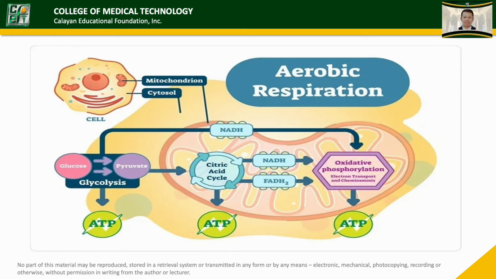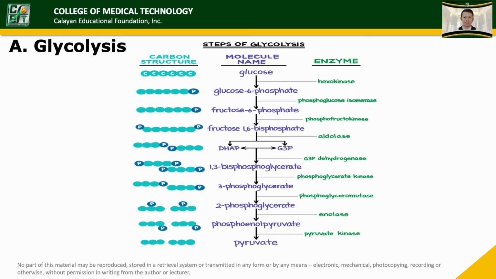So let us now begin with glycolysis. As you can see on the illustration, the main purpose of glycolysis is that the glucose molecule has to be converted into pyruvate or pyruvic acid. The glucose molecule here is bombarded with a phosphate group.